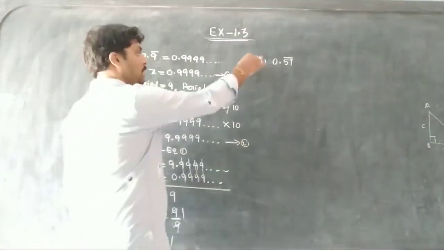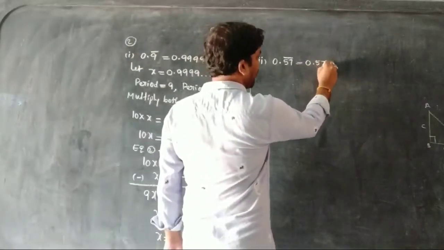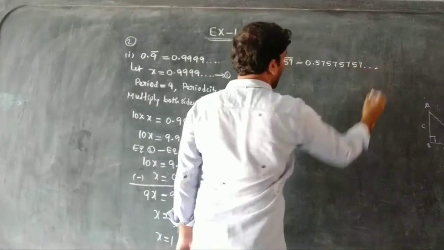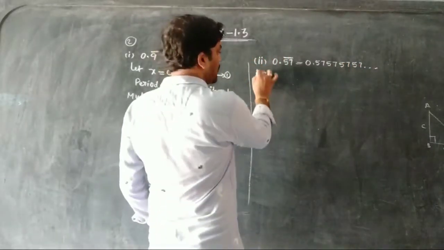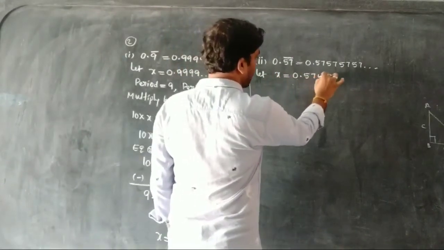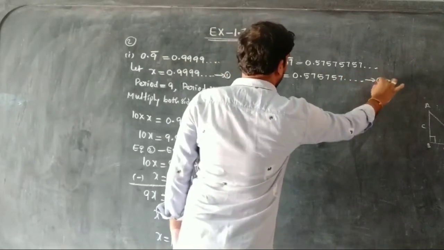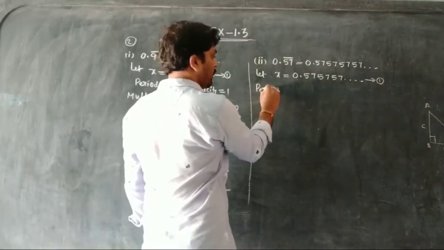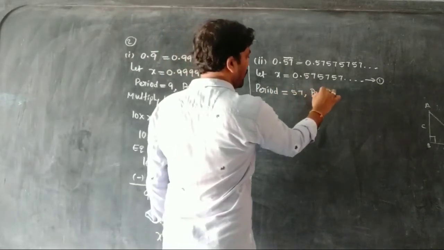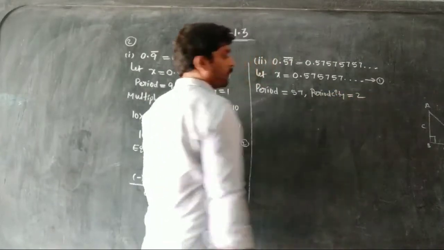Next, similarly, the second question is 0.57 bar. This is written as 0.57575757 and so on. Now let x is equal to 0.575757 and so on. This is equation number 1. Now period is equal to 57, periodicity is 2.